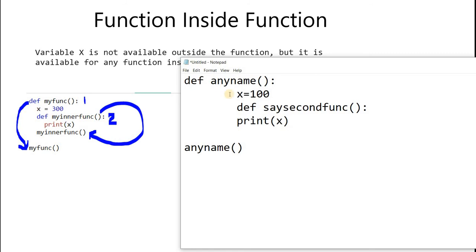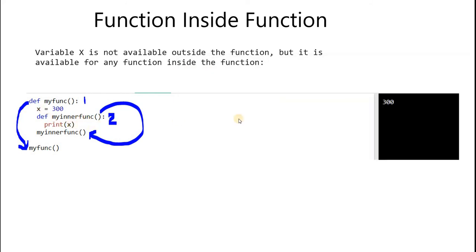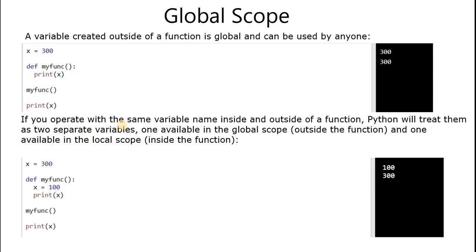So that value of x is equal to 100 becomes local to the inner function, right? Similarly here, my func and my inner function. So when I run this function, I will get the value 300. You can write the same program in the notepad and try to run that, right?